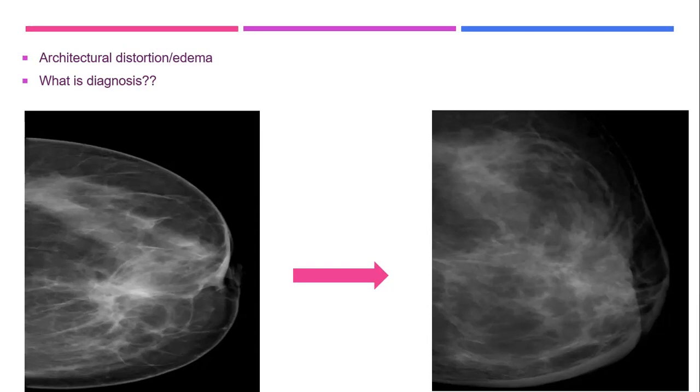It looked like it's just from the intervention. Okay, look at the skin. There is a denser area in the previous image, which is not shown here, replaced by fatty tissue. Just retroareolar.